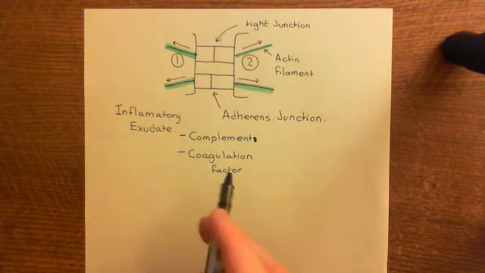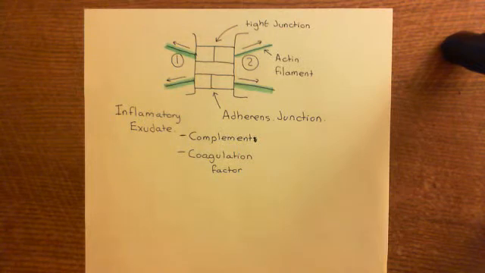And the coagulation factors set off the coagulation cascades when they come into the interstitial fluid, and that causes the production of loads of fibrin strands, which form a fibrin meshwork that encapsulates everything and sort of binds the pathogen in, basically, and stops it from spreading.